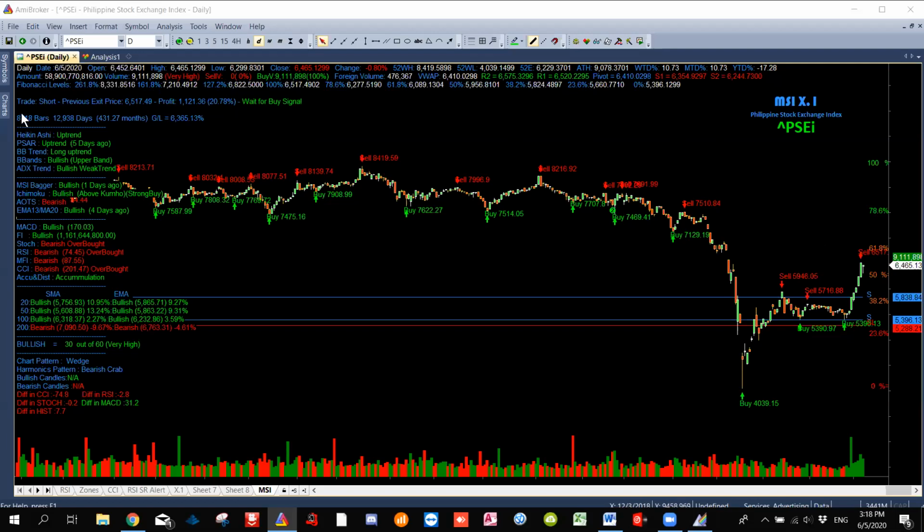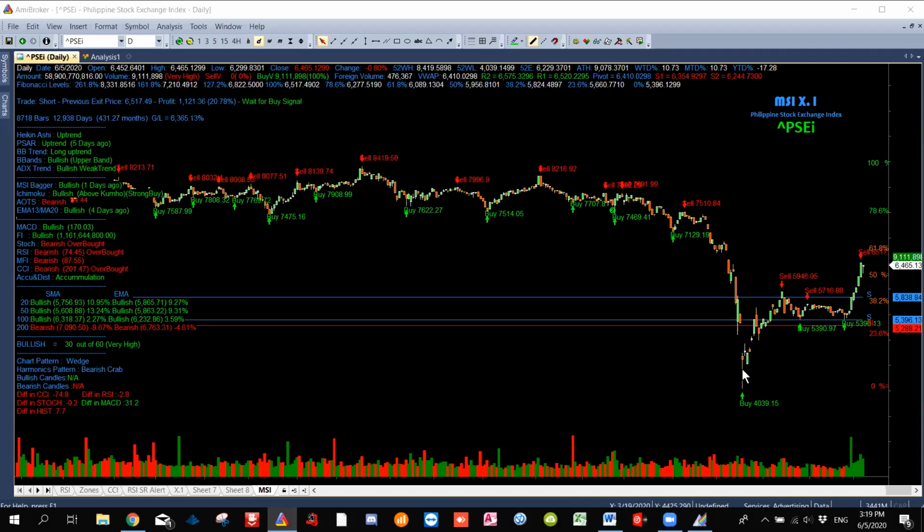Okay, so before we move on to this trade analysis here, let me just point out this logo here of the stock. Yung logo natin ng stock, the color changes depending on the trend ng stock. So right now, the PSE is actually moving uptrend, and the color of our stock is already green.